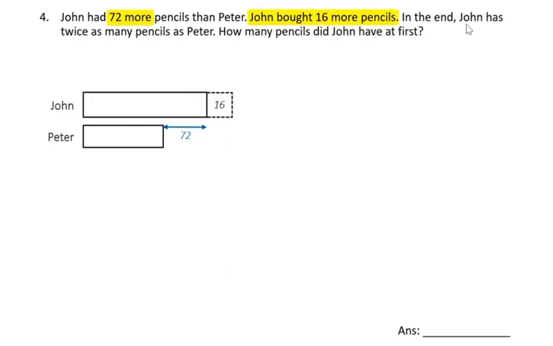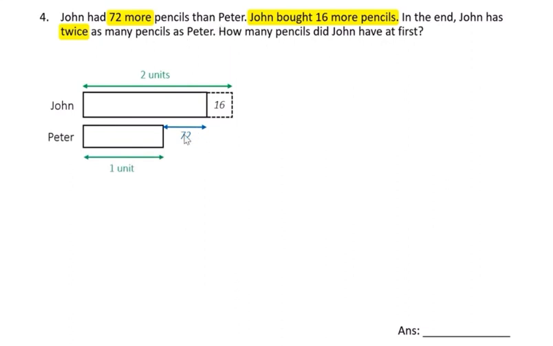So in the end, John has twice as many. Now the model for John is extended until the end of 16 here, so this will be twice of Peter. John's amount will be 2 units. Peter, nothing happened to him, but this one will be 1 unit. I want to know how many pencils John had at first.